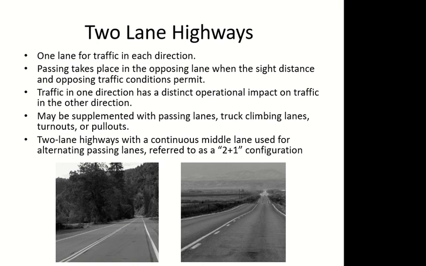If you provide a two-lane highway with an extra continuous lane, we call it a 2+1 highway. This is very rare, but that extra lane is continuous. The other lanes I was talking about, passing lane, climbing lane, turnout lane, pullout lane, are all temporary lanes. They are for a few meters and then after that they are gone.